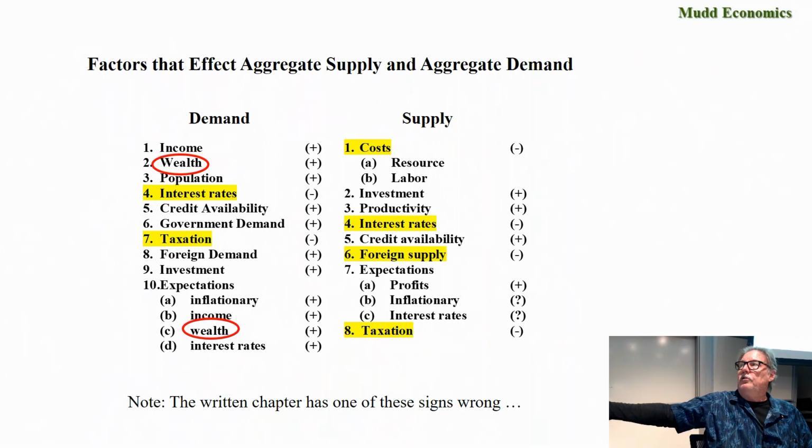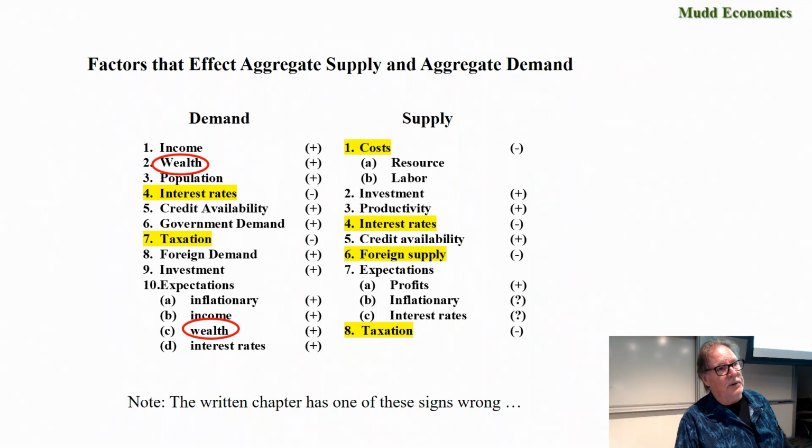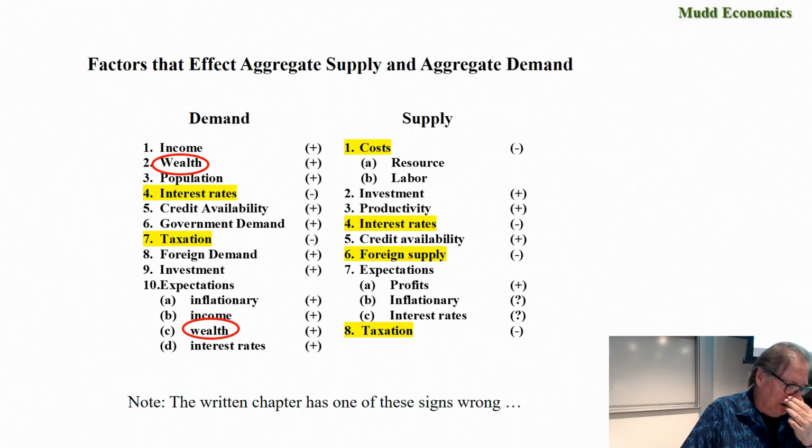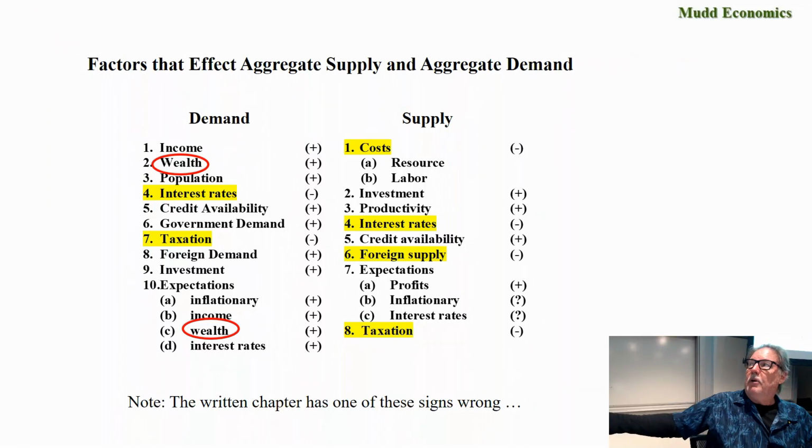We don't worry about too many of them in an introductory course. The ones that are either circled or highlighted in yellow are the ones that we're going to emphasize. But we have others available because we need to concede that there's a lot of things that influence our demand. So on the demand side, we've got our income, of course, but our wealth as well.